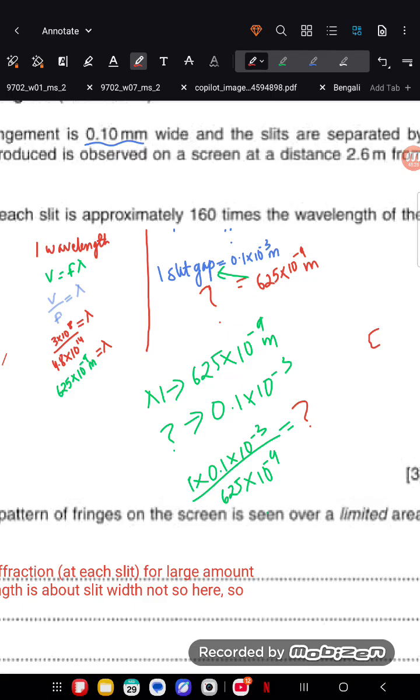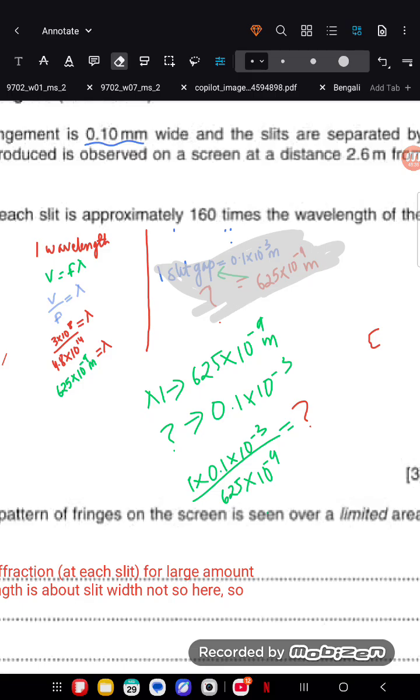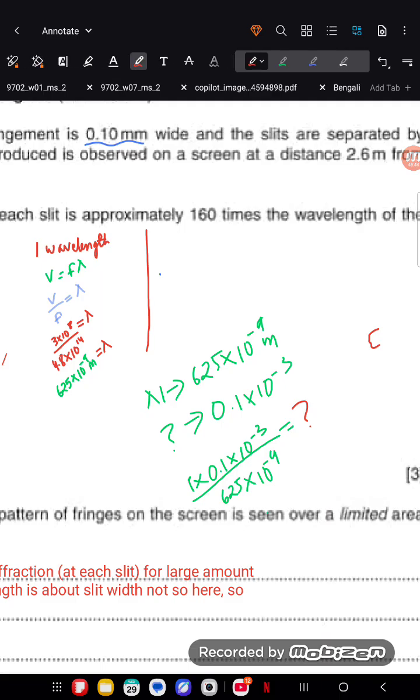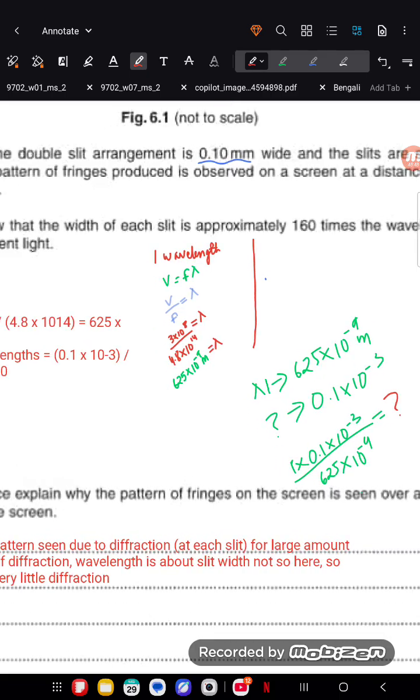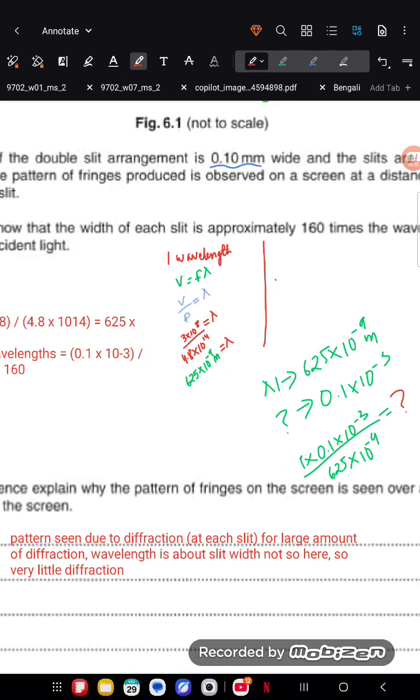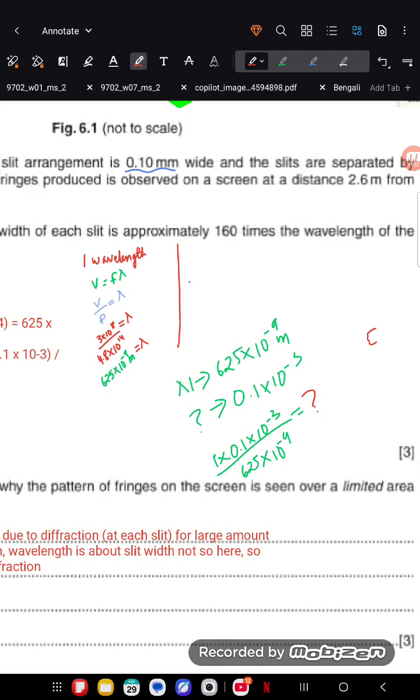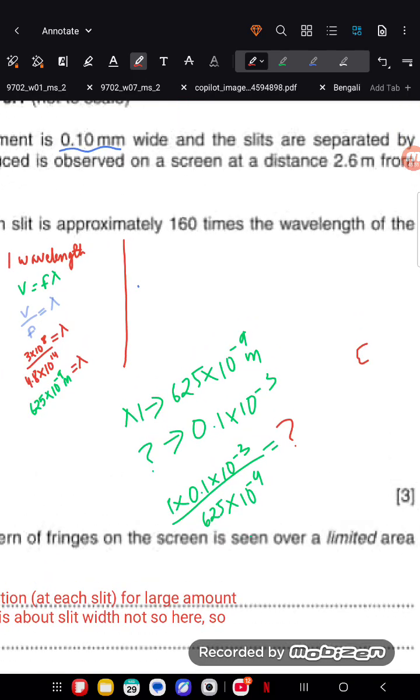So see here, I made a mistake here, so let me erase this. Here they are asking, read the question carefully. They are saying show that the width of each slit is approximately 160 times the wavelength.